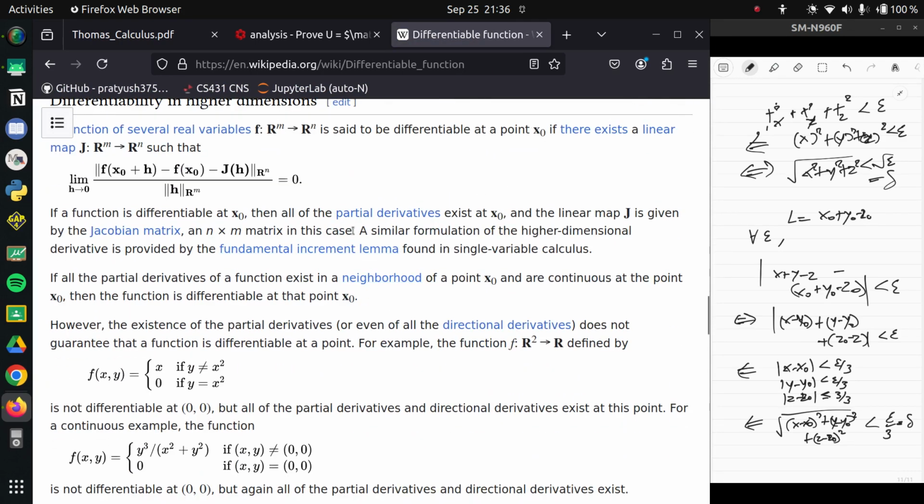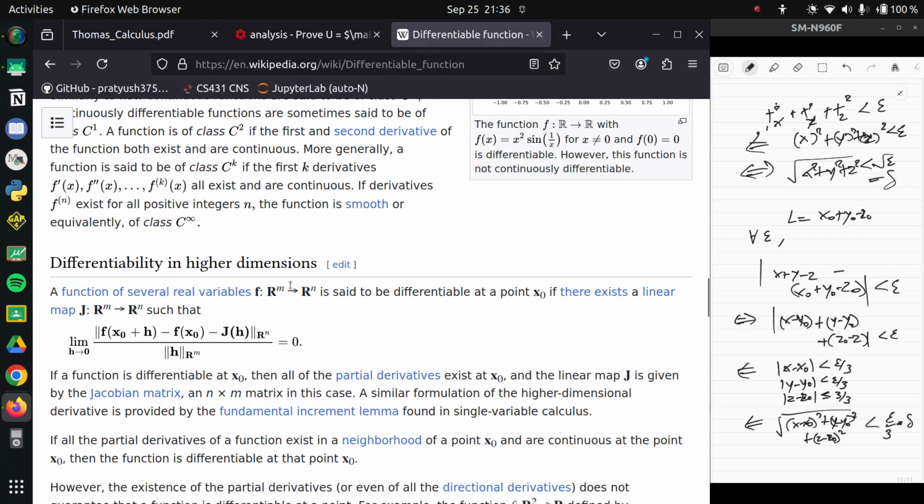Right. So a function of several variables f is said to be differentiable at x naught if there exists a linear map from Rm to Rn such that f of x plus h, so h is some vector, you tweak it by a bit of a vector, minus f of x naught, right?